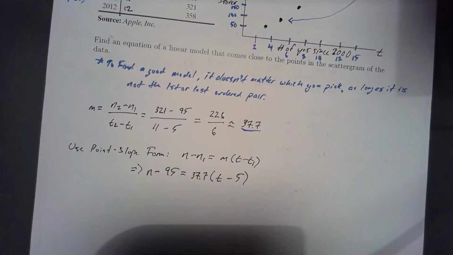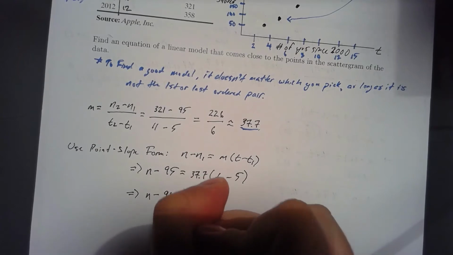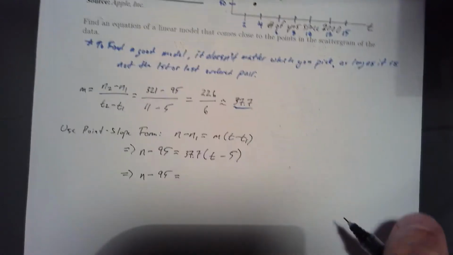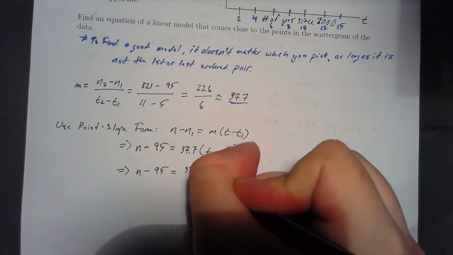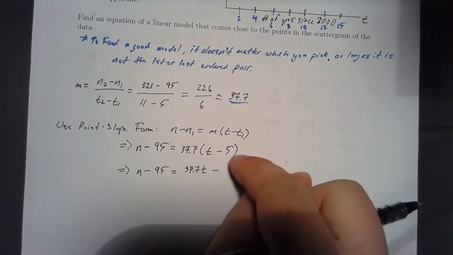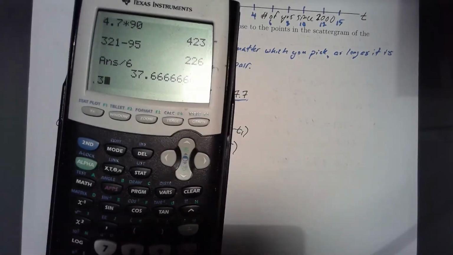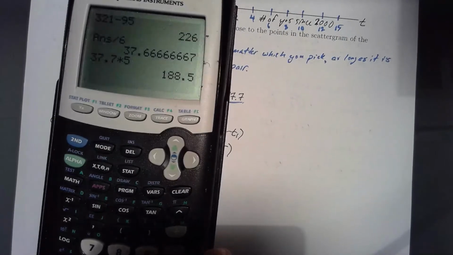Now just distribute and solve for n. So distribute the 37.7, you're going to get 37.7t minus 37.7 times 5, which is 188.5.